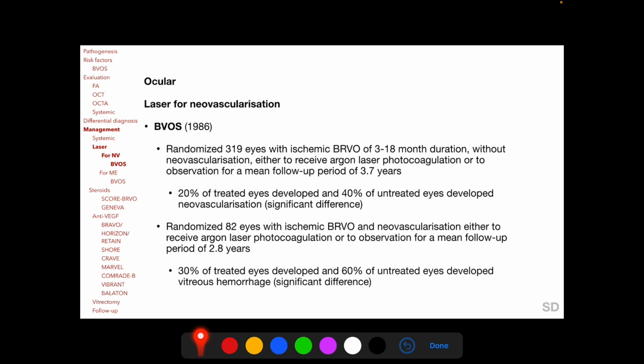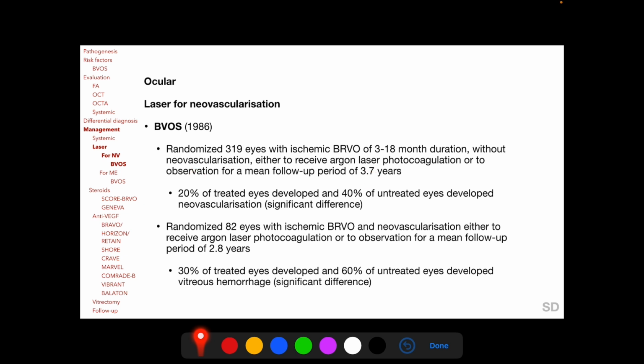For evaluating the role of sectoral retinal photocoagulation in eyes with BRVO, BVOS included two cohorts of patients, one with ischemic BRVO but without neovascularization, and the other with ischemic BRVO and neovascularization. In the cohort of patients with ischemic BRVO without neovascularization, BVOS randomized 319 eyes either to sectoral retinal photocoagulation or to observation for a mean follow-up period of almost 4 years.